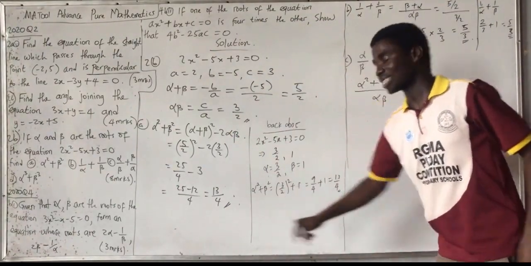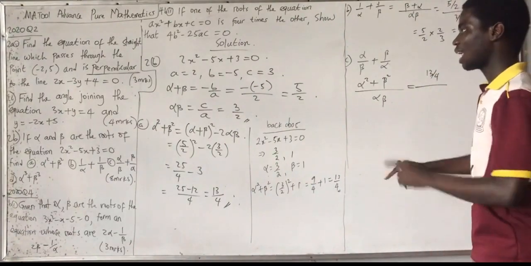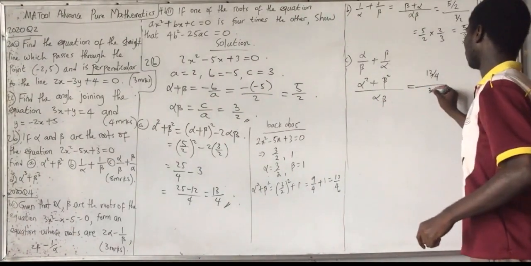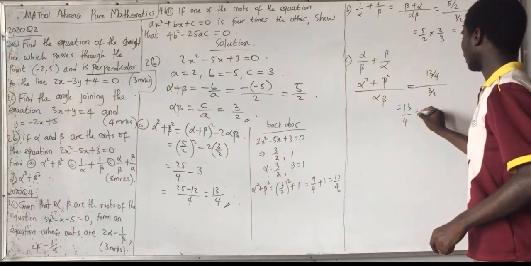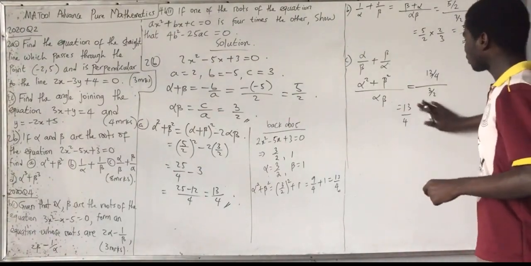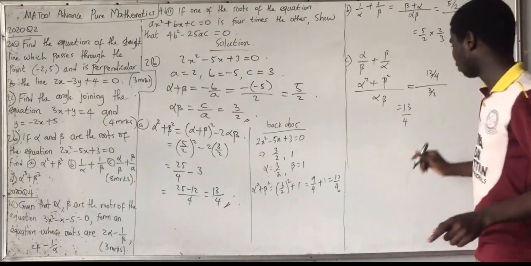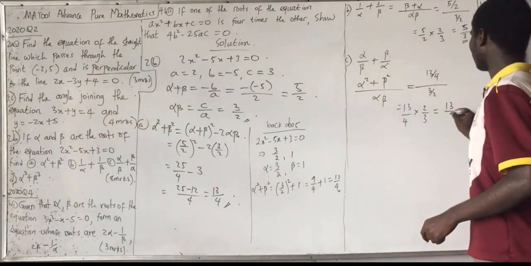Alpha square plus beta square is 13 over 4. So you have 13 over 4 divided by alpha beta. Alpha beta is 3 over 2. So this is 13 over 4 divided by 3 over 2, right? Divide it into times or use calculator. Times 2 over 3. This one will give you 13 over 6.